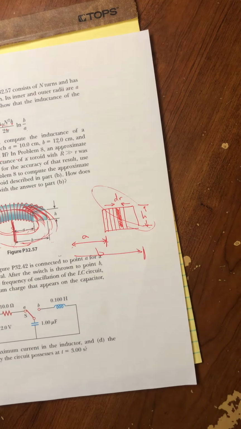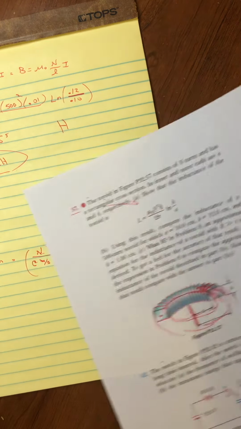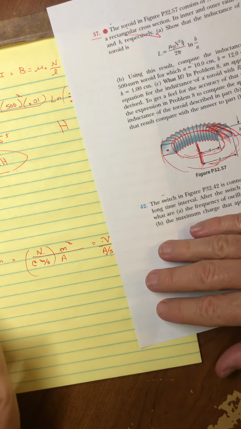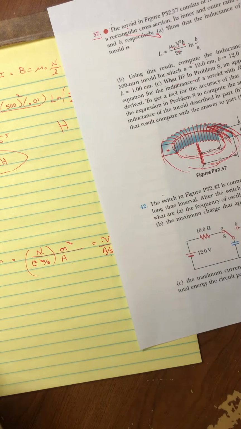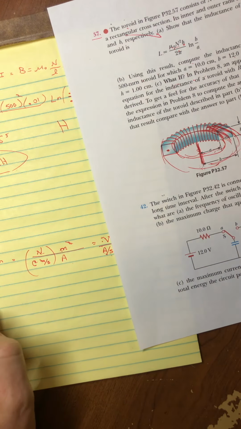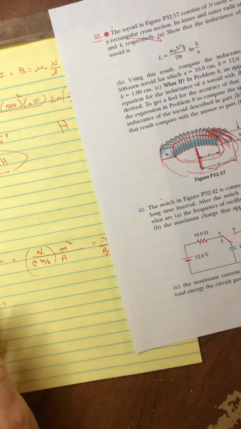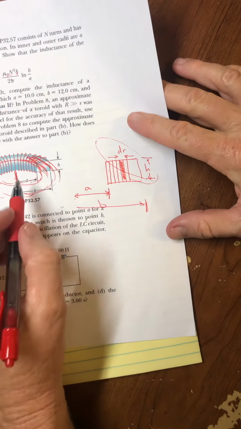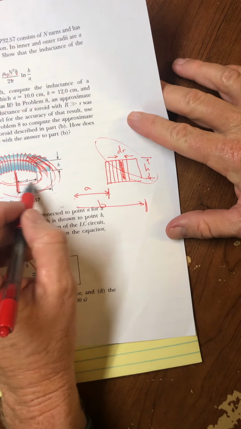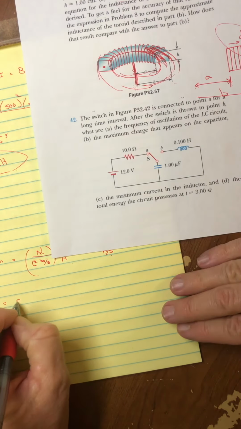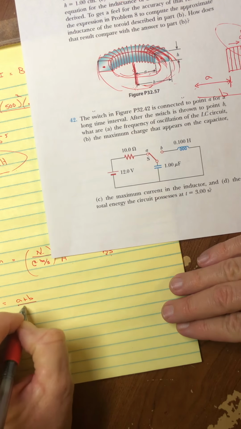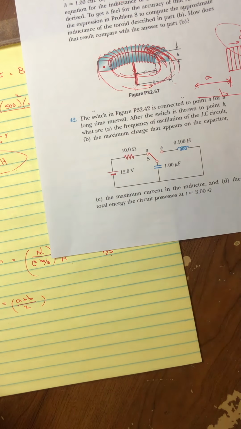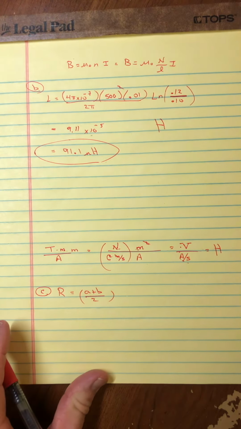So in other words, for part C, the capital R would be to the center of the tunnel. So that would be the average of A plus B.